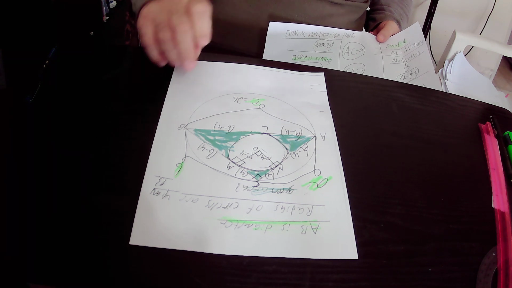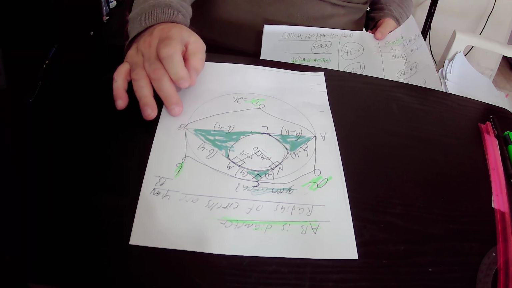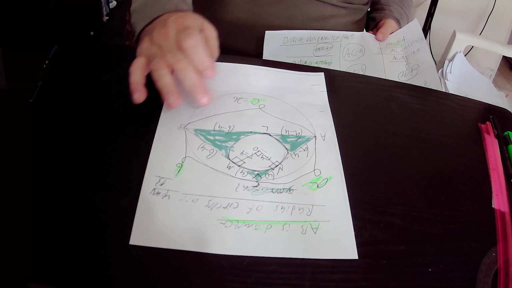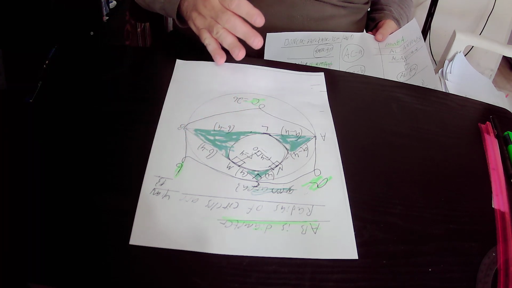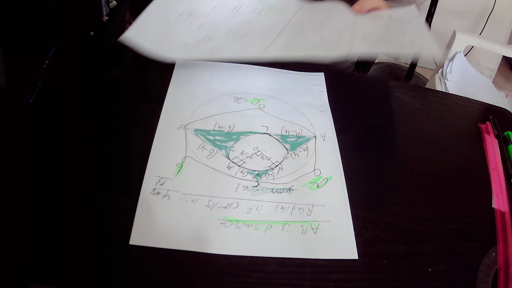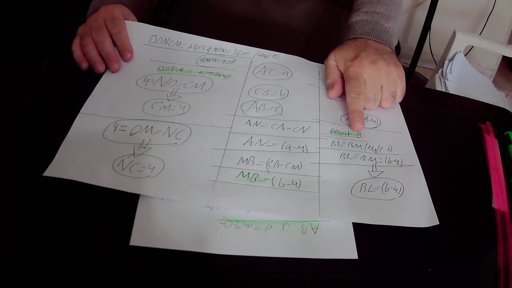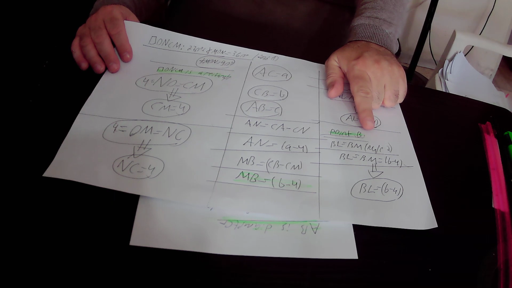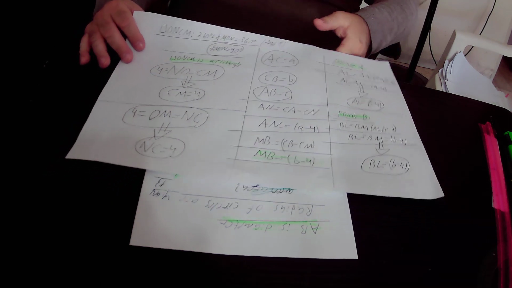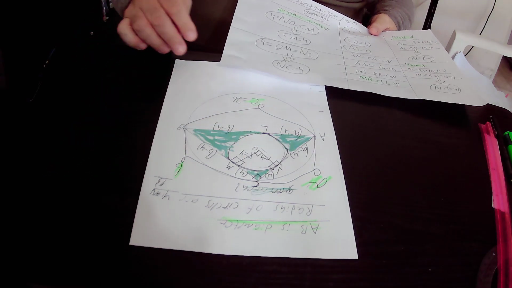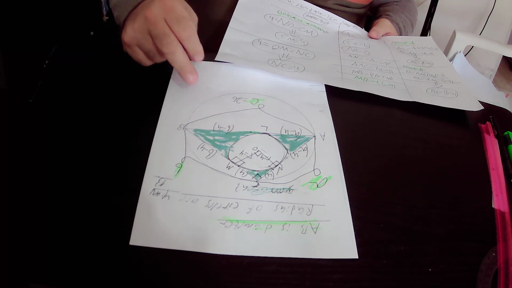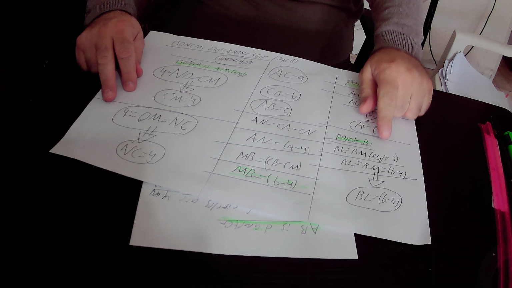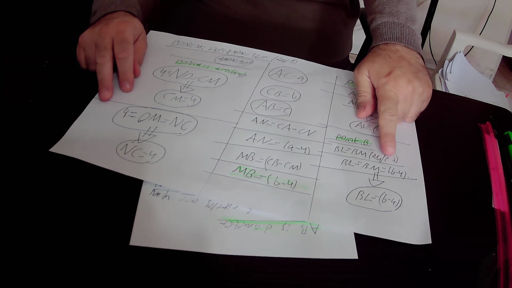Then we focus on the common external point, point B. From point B, we have two tangents to the small circle, tangent BM and tangent BN. And according to rule number 2, they are equal to each other. So BN equals BM according to rule number 2. But here we have already found out that BM equals B minus 4.